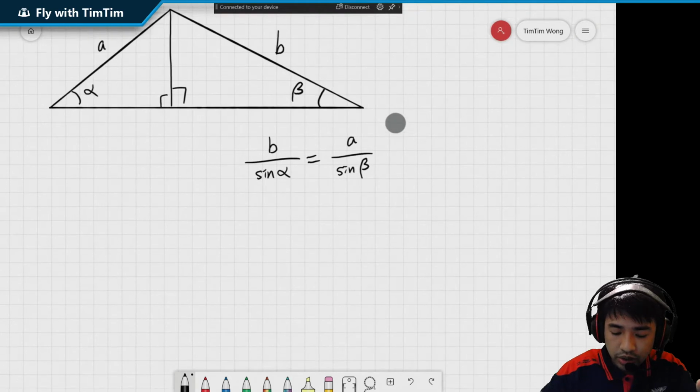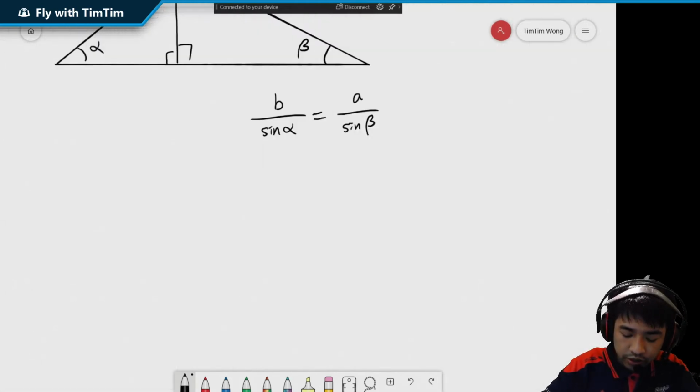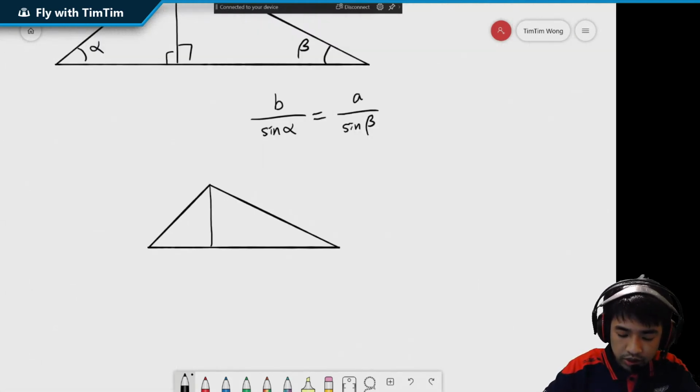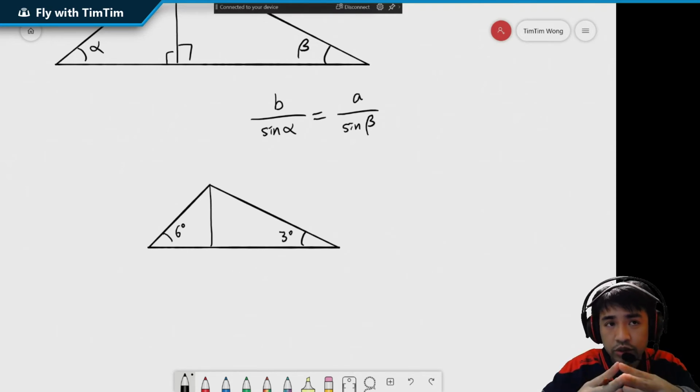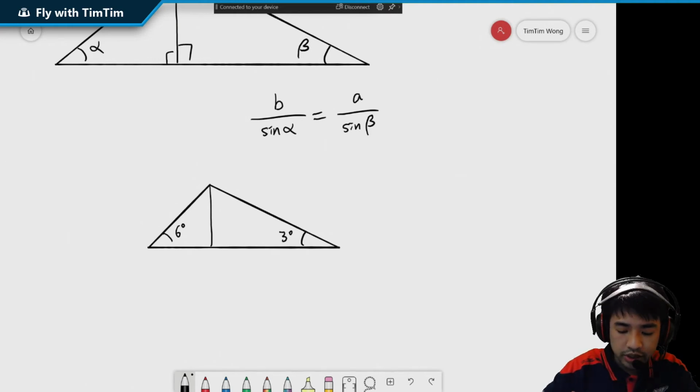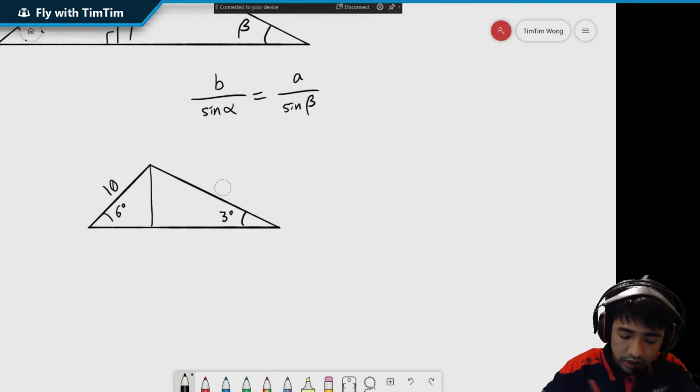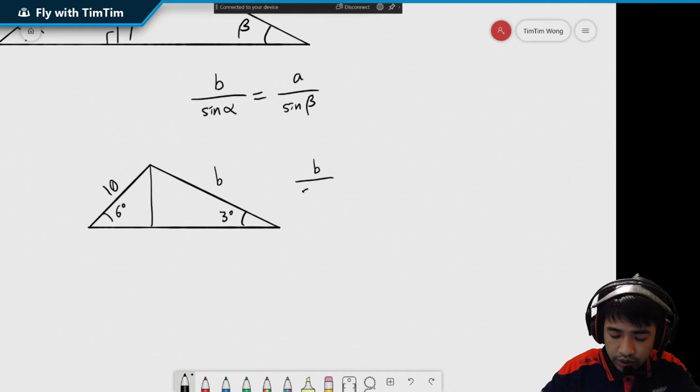What's special about that? If you put in some concrete numbers, let's say 6 degrees, 3 degrees. Remember, for angles up to 30 degrees only. And if this side is 10, what is the length of this side? So let's call it B. B over sine 6 degrees equals 10 over sine 3 degrees.